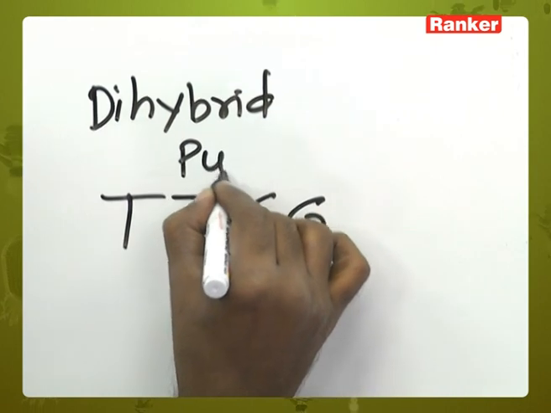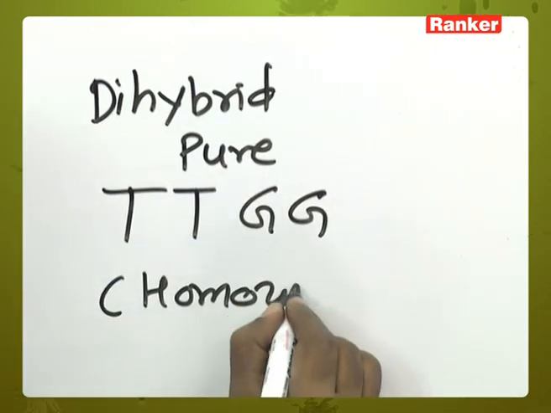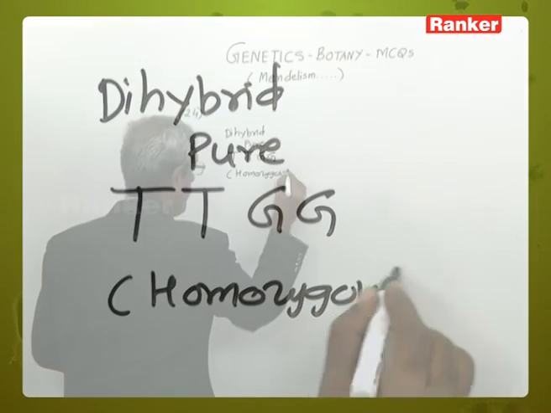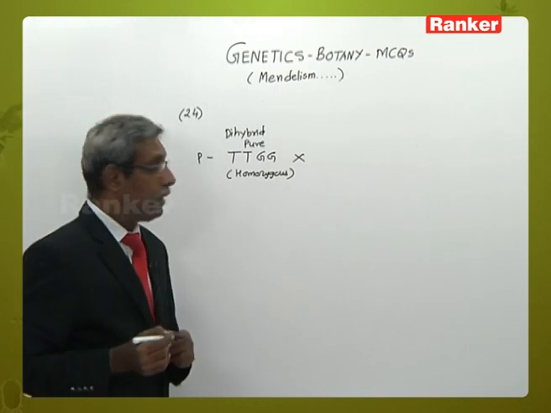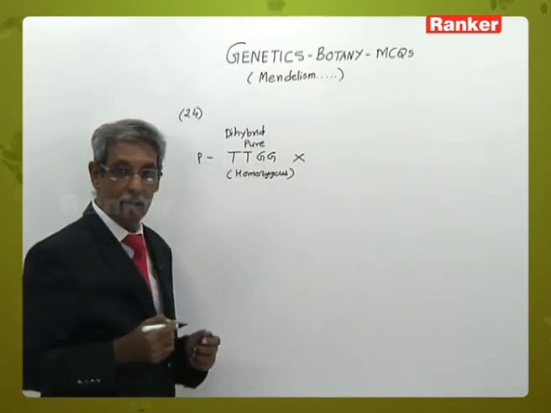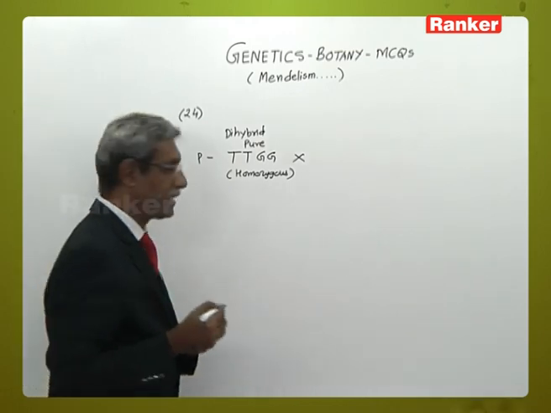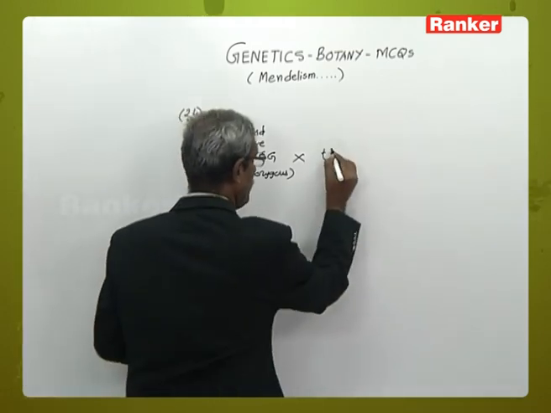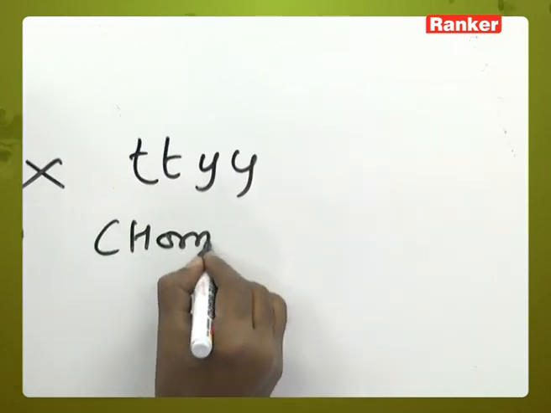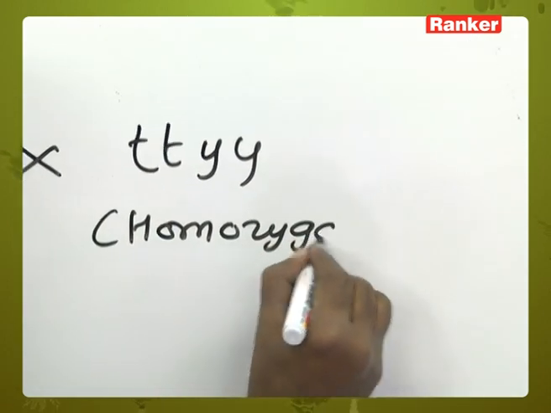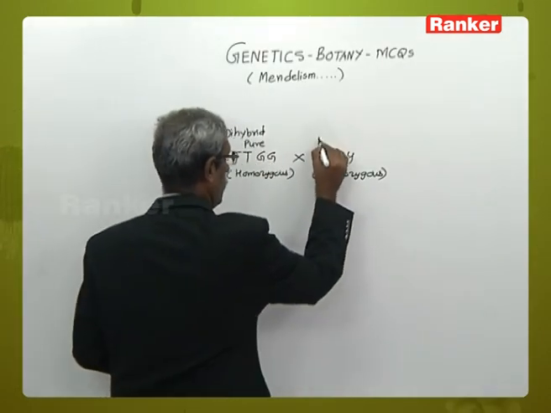It is pure, homozygous, parents, pure, tall and green, which is crossed with dwarf pea plants with yellow pods. Dwarf with yellow, again homozygous. This is dwarf and yellow.